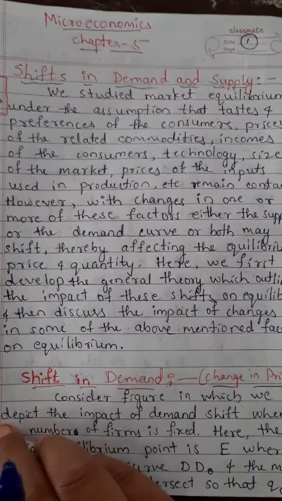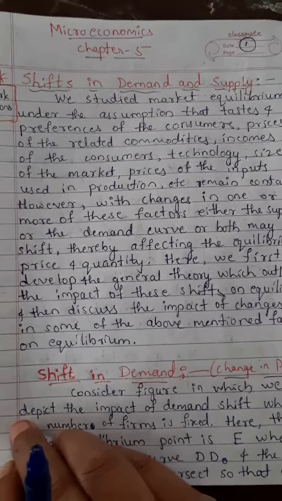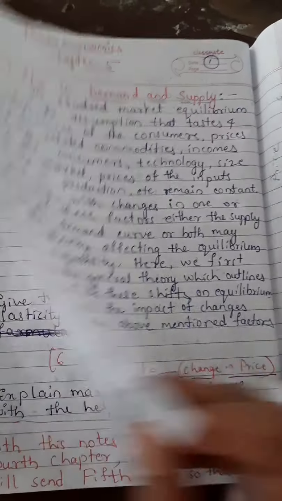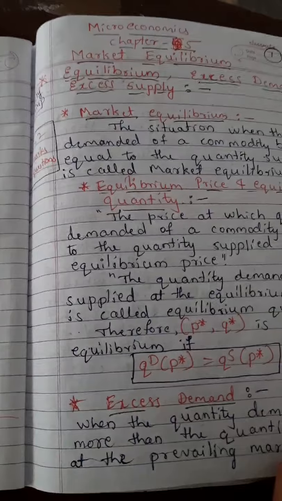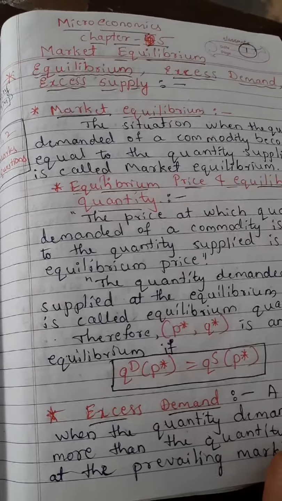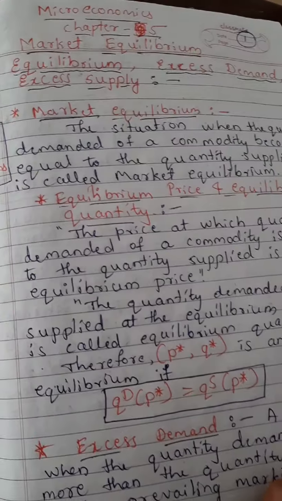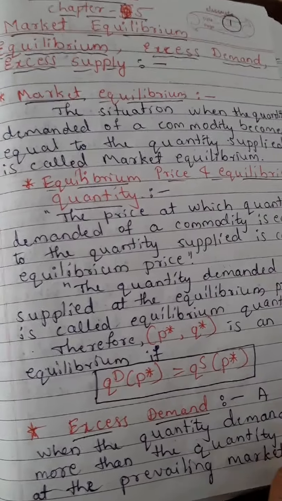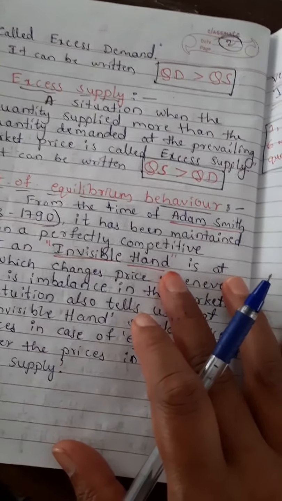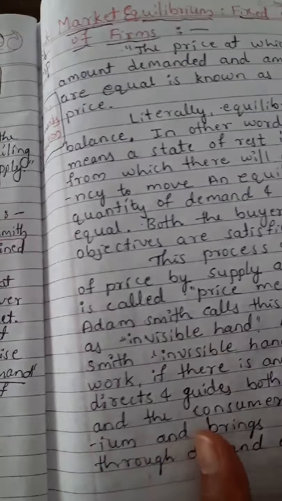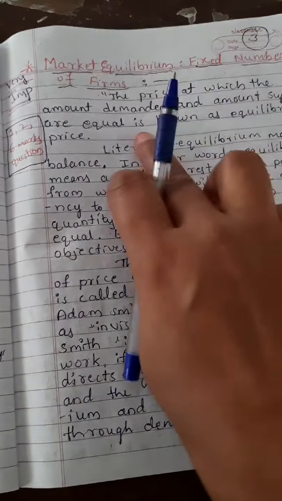Hello students, in the last video we discussed chapter 5, market equilibrium: the equilibrium price, equilibrium quantity, excess demand, excess supply, and out of equilibrium, the invisible hand according to Adam Smith, and market equilibrium with a fixed number of firms.